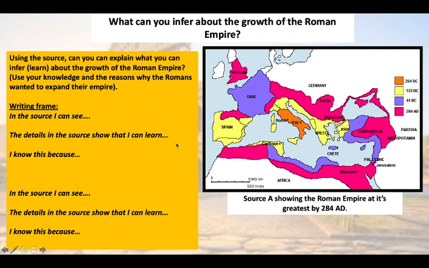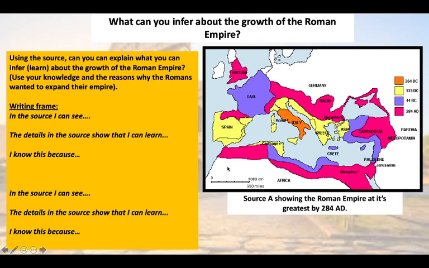So, with your writing frame then, I want you to use this writing frame very carefully, please. So you're starting off with your sentence by saying, in the source, I can see. So tell me what you can see in this source. The details in the source show that I can learn. So this is where I want you to try and infer what can you learn from this colour coding system.